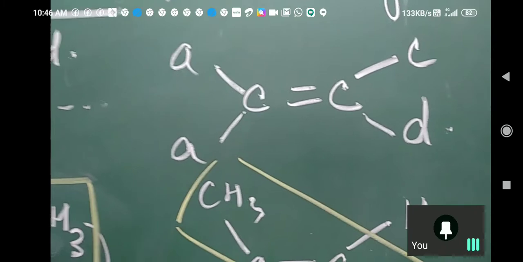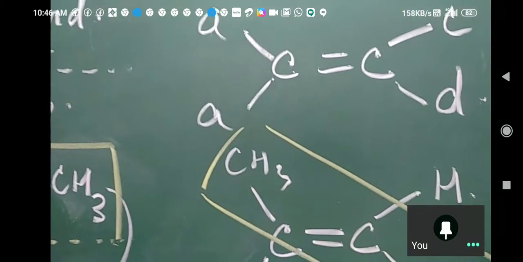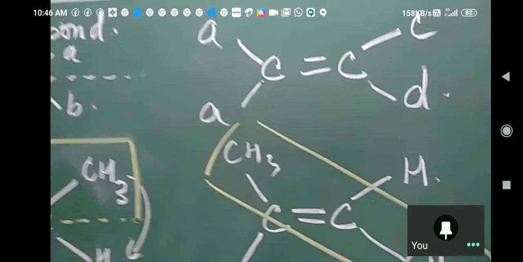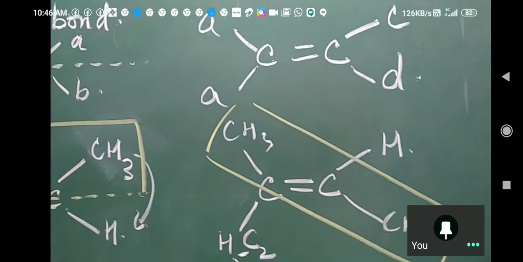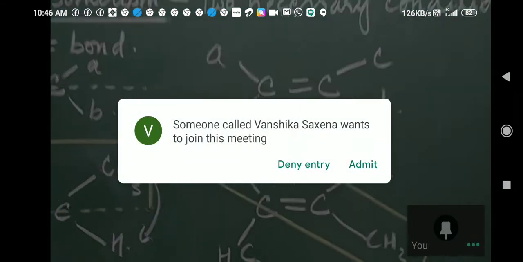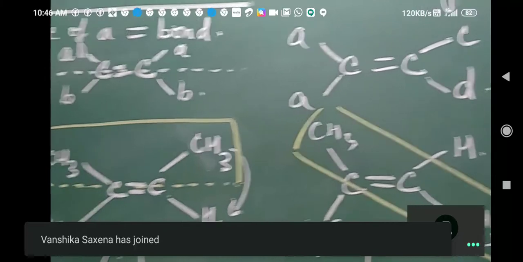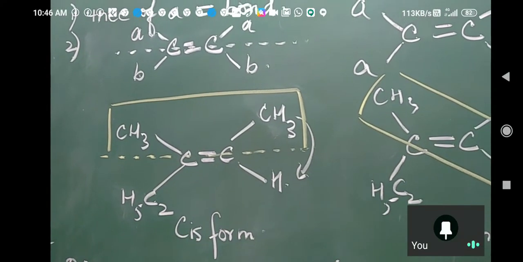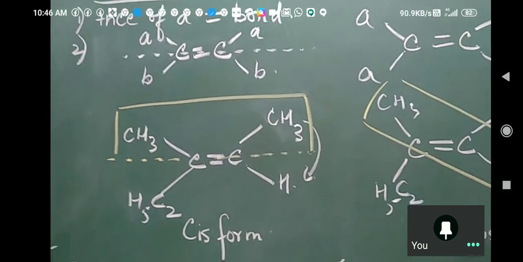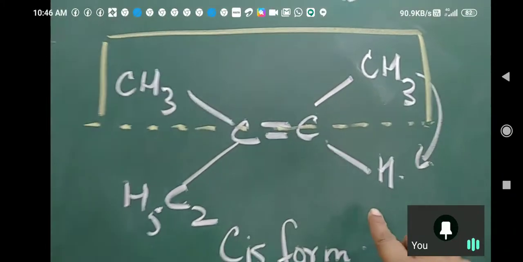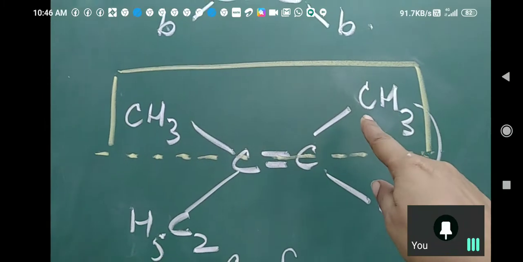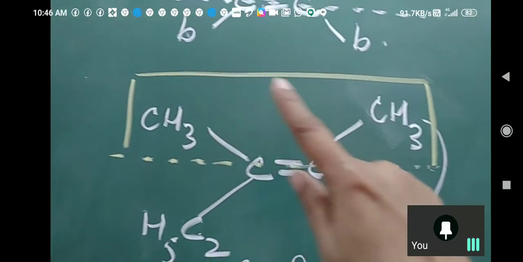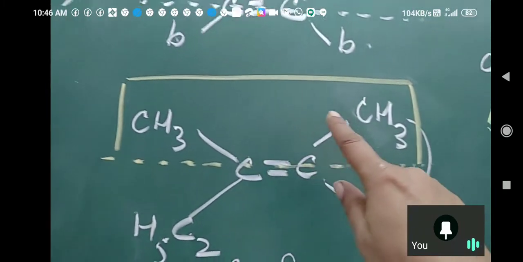And another thing is this. Yes, please ask. It is not necessary. I said one of the atoms. These are known as reference atoms or reference groups.